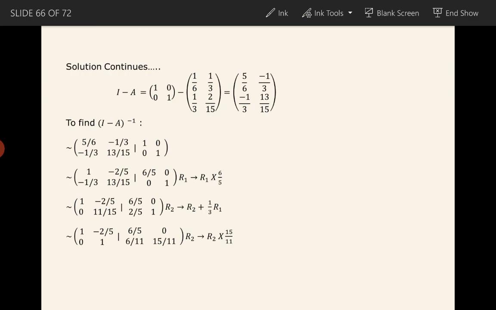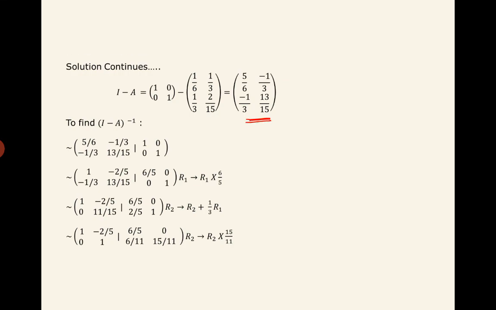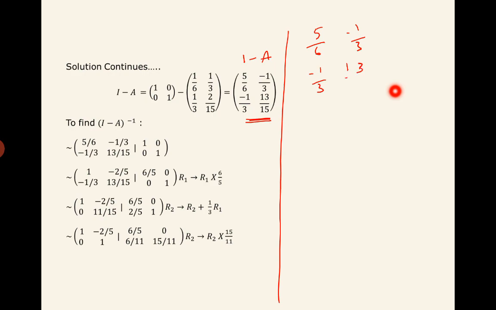Instead of A, we are using I minus A. Now we are going to find the inverse of this one. This matrix I minus A, I am taking here 5 over 6, negative 1 over 3, negative 1 over 3, 13 over 15, along with the identity matrix of the same size: 1, 0, 0, 1.